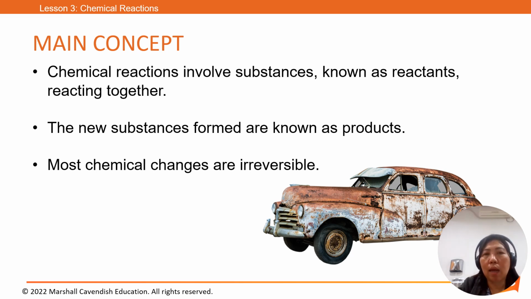So can we say that the chemical reaction is reversible? Do you think the car, after becoming rusty, and then we do some things to the car, will change back, or is it reversible? Well, the answer is no. We cannot get the reactants back after the reaction has taken place. Why?